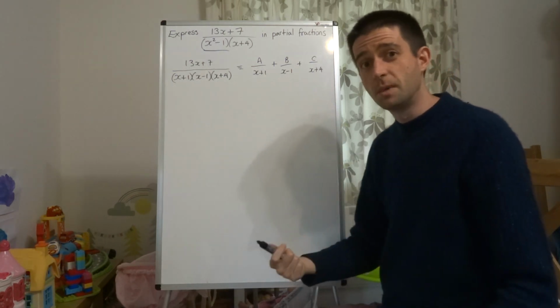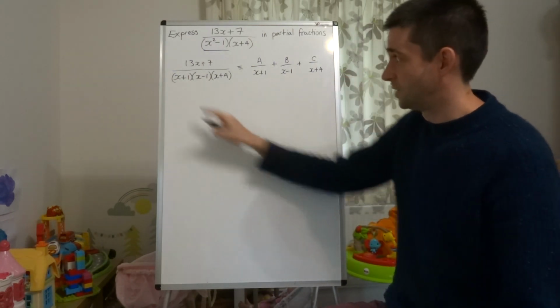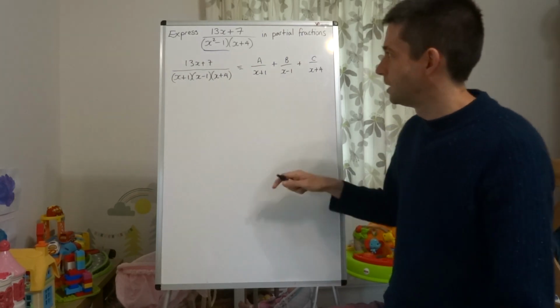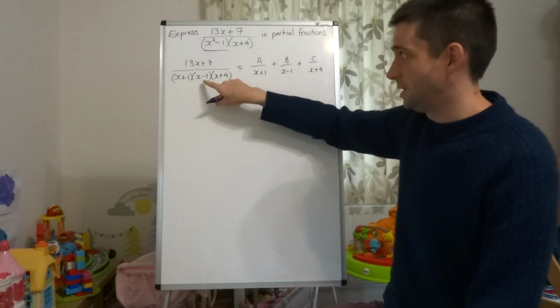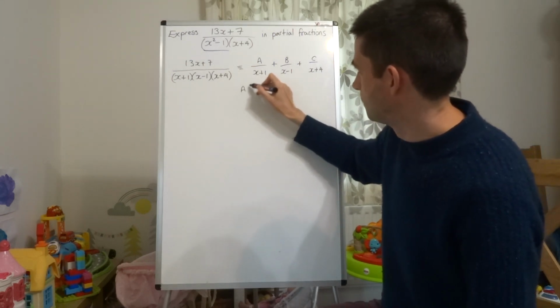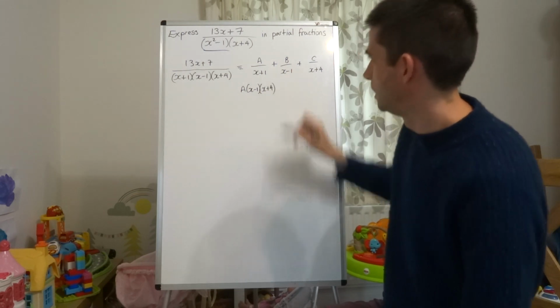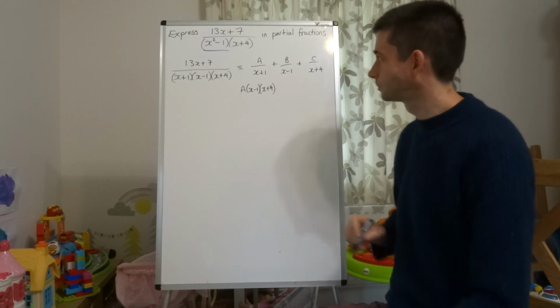And then the process is much as in the first example. We need to obtain a common denominator on the right hand side that's the same as this, and then we work through from there. Now let's just be a little bit careful. With this one here, we already have an x plus 1, so what we would need is x minus 1 and x plus 4. So the A is going to be multiplied by (x minus 1)(x plus 4).